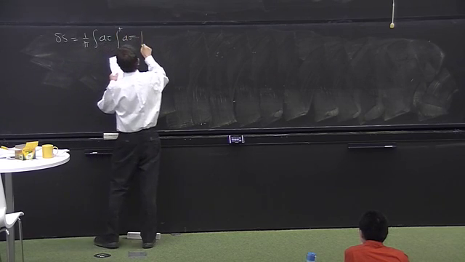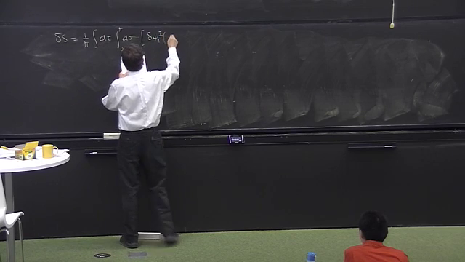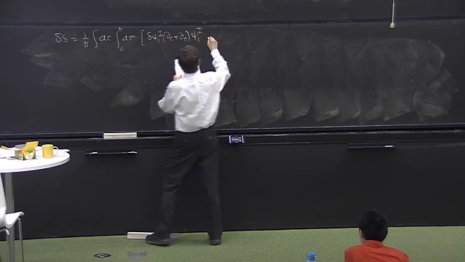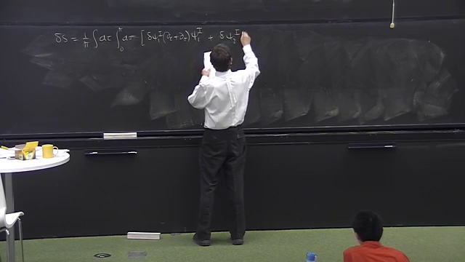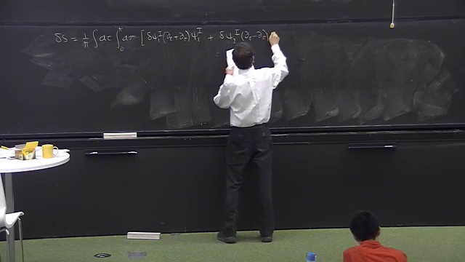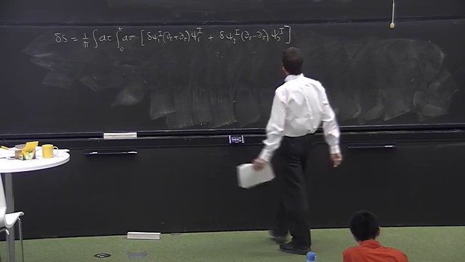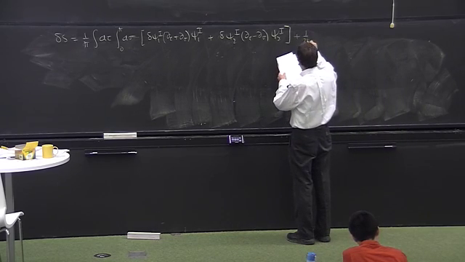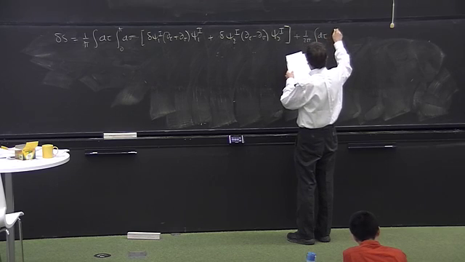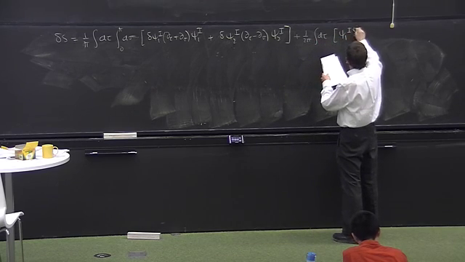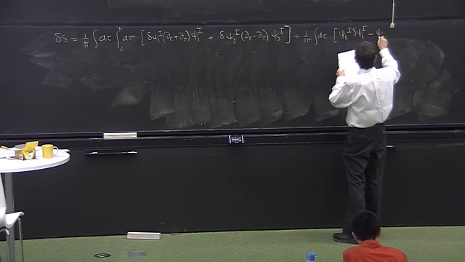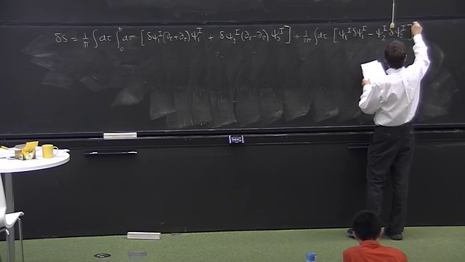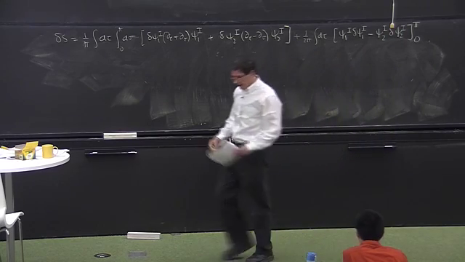Integral from 0 to pi, you get delta psi 1 I (d tau plus d sigma) psi 1 I plus delta psi 2 I (d tau minus d sigma) psi 2 I. You would imagine that gives you that, plus 1 over 2 pi integral d tau of these things, psi 1 I delta psi 1 I minus psi 2 I delta psi 2 I between pi and 0. Okay.